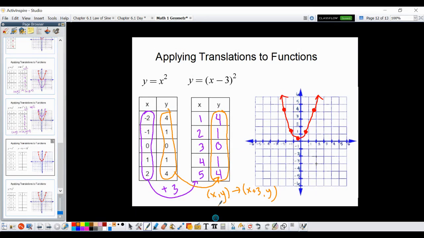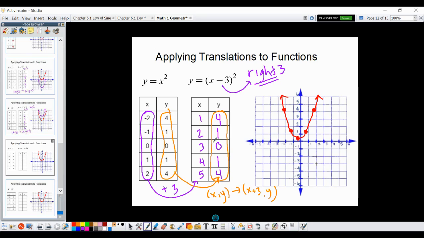So how do you think this is going to impact our graph? That's right. This is actually going to move it right 3. Okay, it's kind of opposite of what we would think here because we did the opposite to combat this minus 3 to get our new x coordinates.